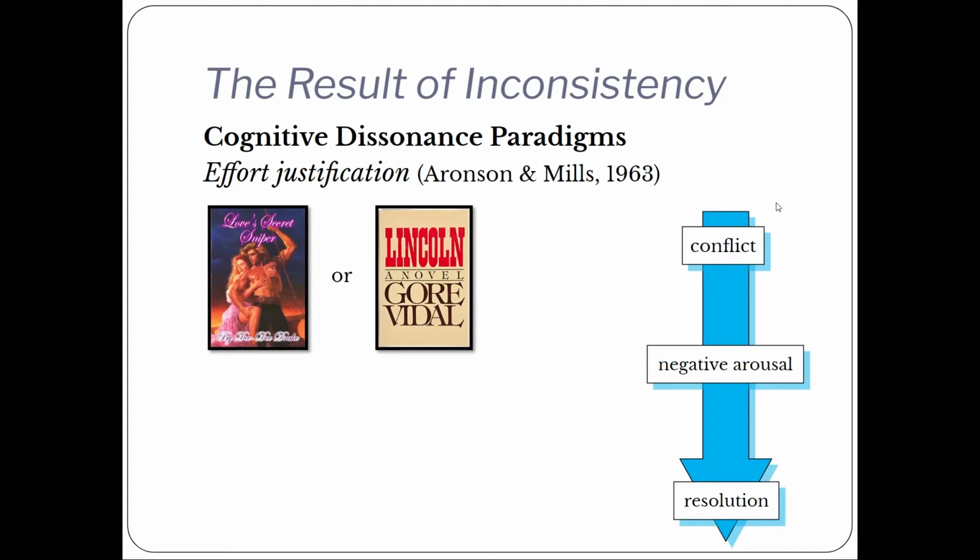The other half of participants are assigned to a high severity condition where they have to read out loud explicit words and passages from steamy romance novels, which was really embarrassing in front of other people. So those are the two kinds of initiations that people have to go through.